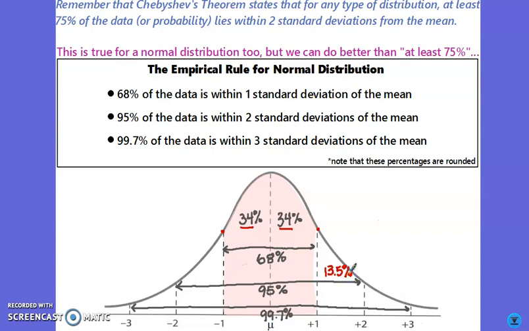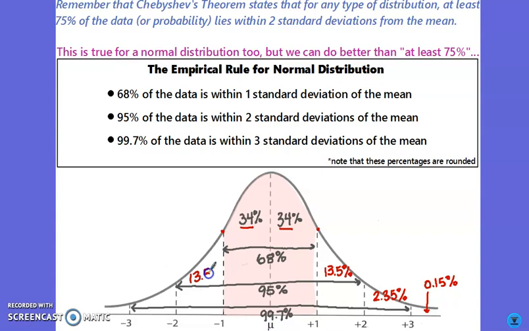The next little chunk is 2.35%. And then what's left for those dinky little numbers down there? Well, we only had 0.3% other than that 99.7, so you wind up with 0.15% for those little chunks down there.